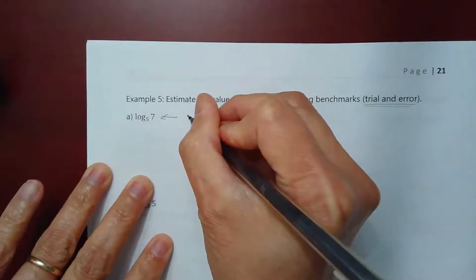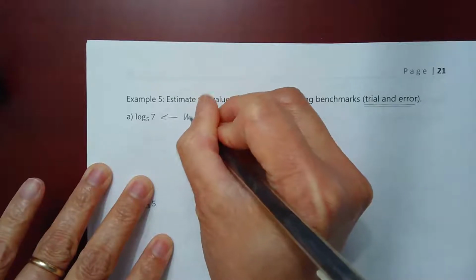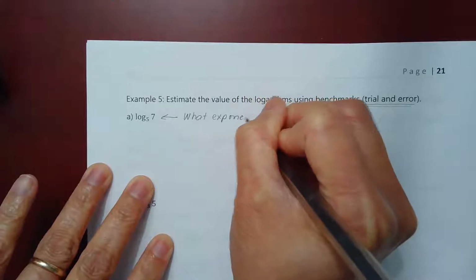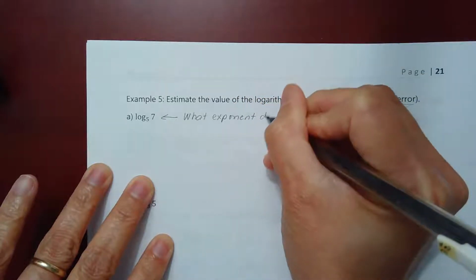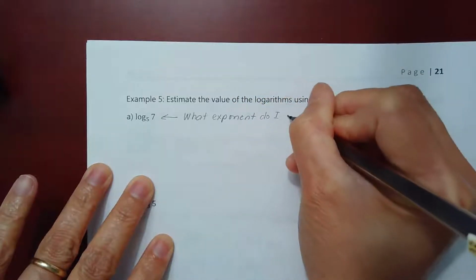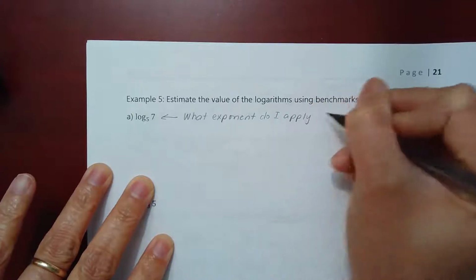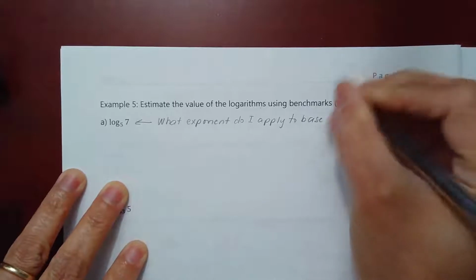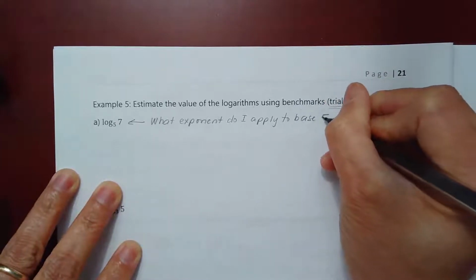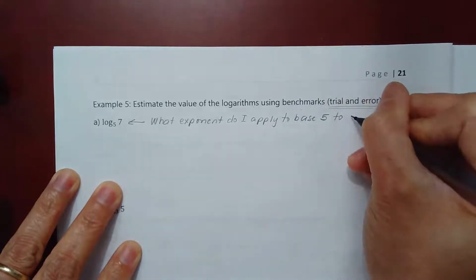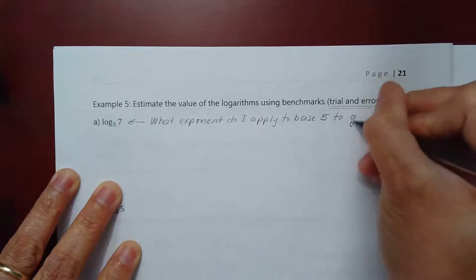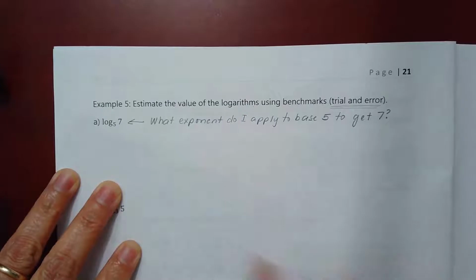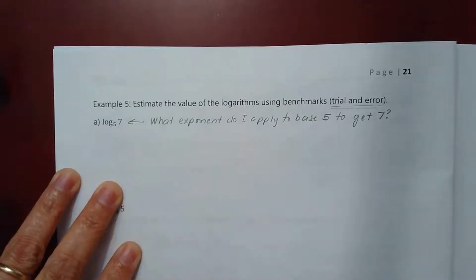Logarithm is really asking for what exponent do I apply to our base, which in this case is base 5, to get 7. So that's basically what logarithm is.